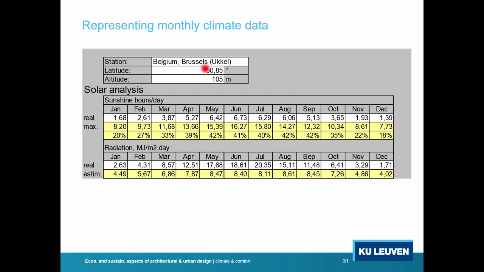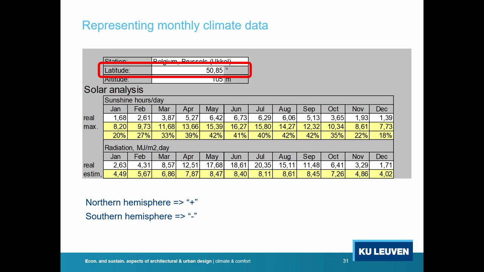And then the first thing, based on this latitude, maybe first, I think I mentioned it here, the latitude depends if you're in the northern latitude or the southern latitude. So for northern latitudes, you use a positive number. For southern latitude, you have to use a negative number, to enable the Excel to calculate the other parameters in a good way.